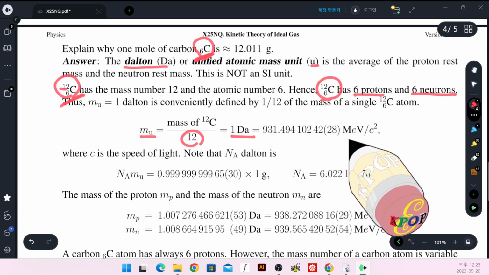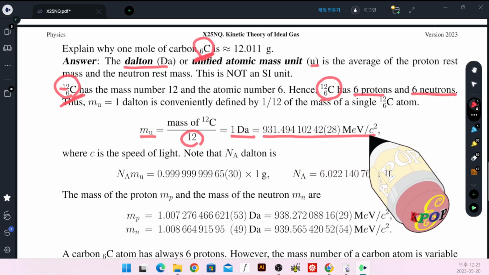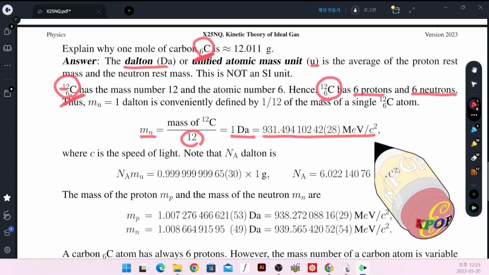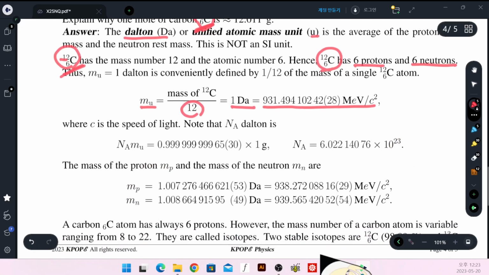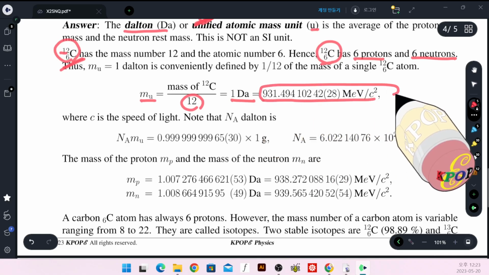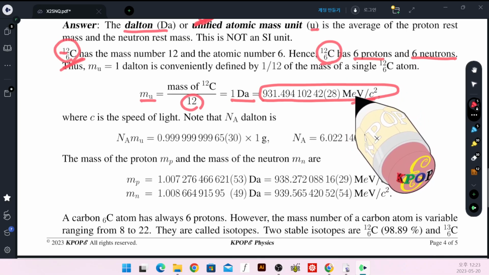In terms of the rest mass, it is about this, where c is the speed of light. So this unit is based on the special theory of relativity. MeV is energy, and energy divided by the speed of light squared is the rest mass.